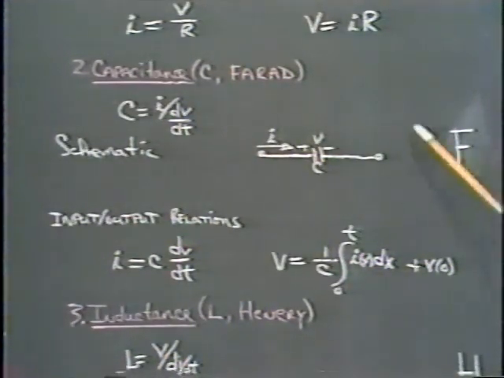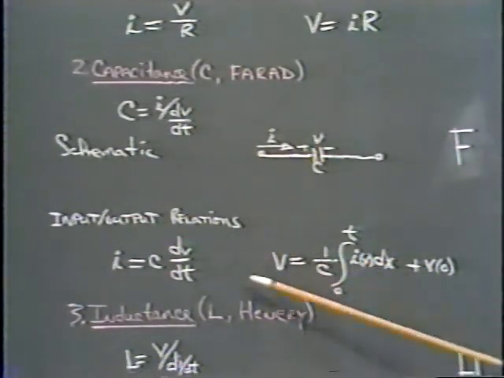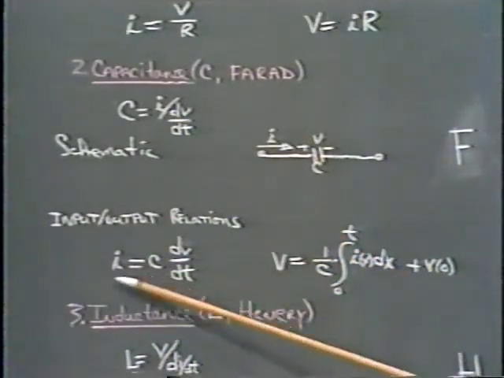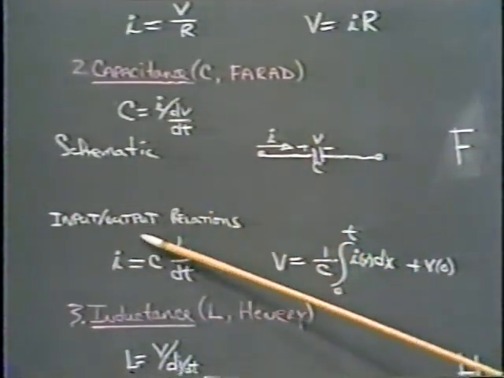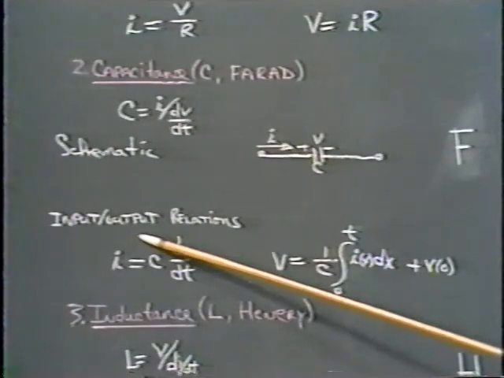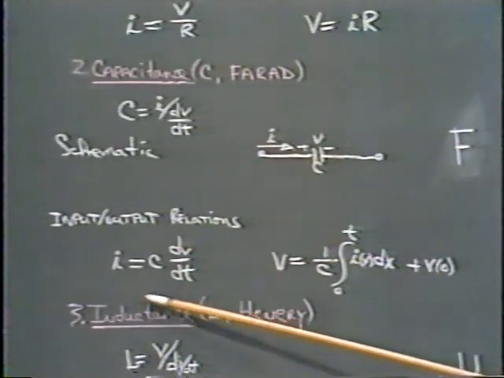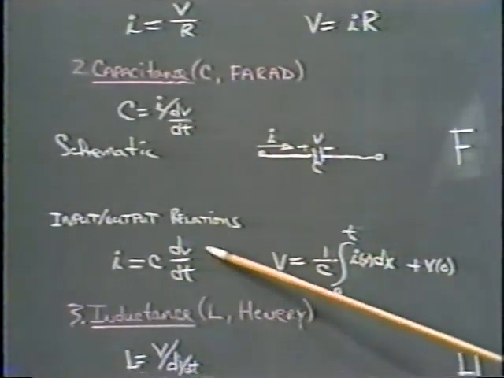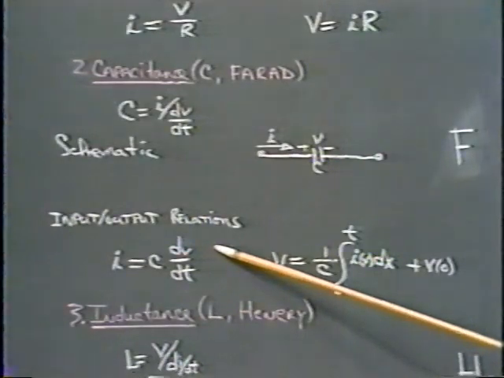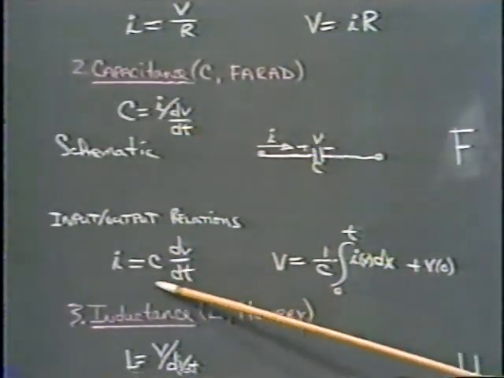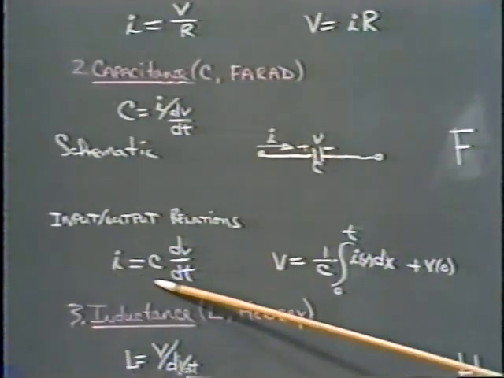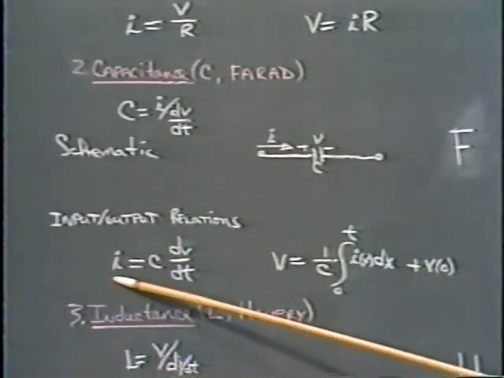Now with the energy storage elements, the inductor and the capacitor, the input-output relationships are a little more complex. Our first input-output relationship in terms of our circuit variables is if we're given the voltage across the device, we can then take the derivative of that voltage, multiply it by the capacitance, and find our output, or current.